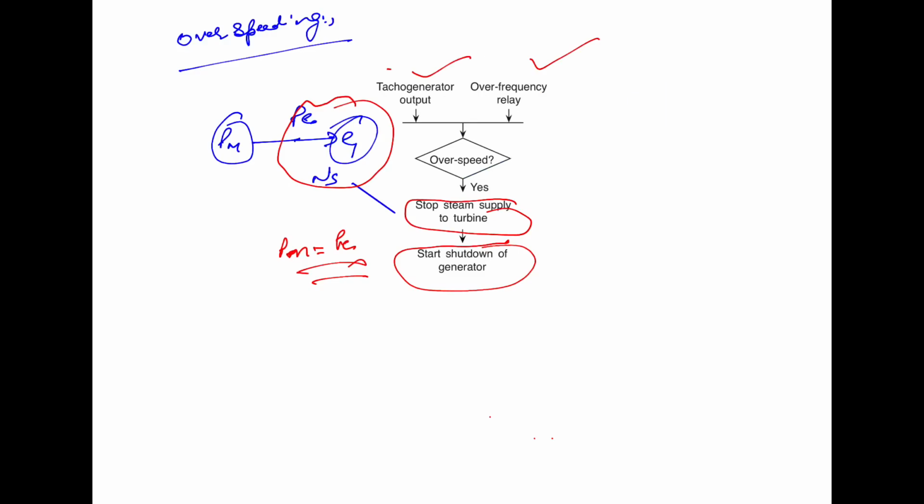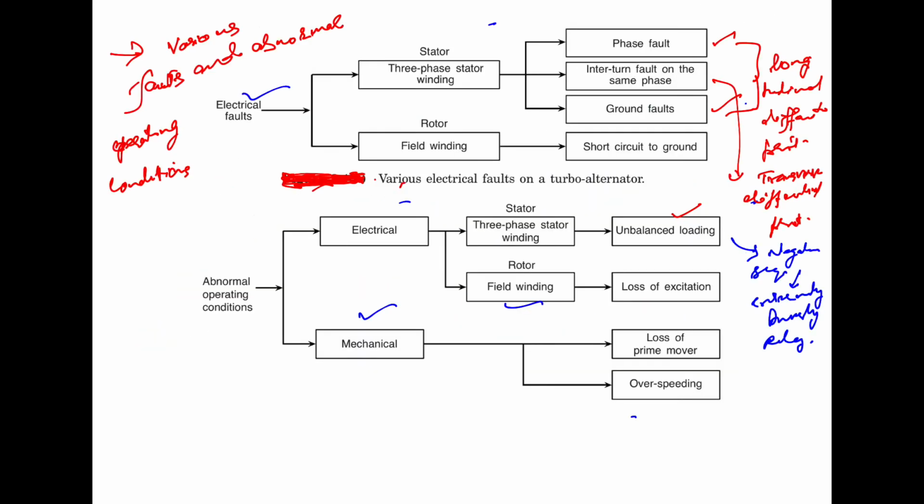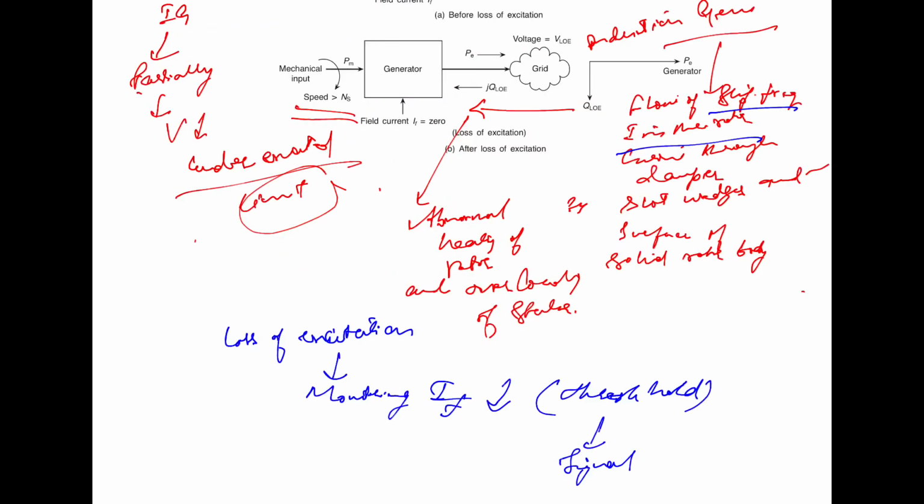Next is the overspeeding. For the overspeeding, we use the tacho generator mounted on this generator, or the over frequency relay. After that, we have discussed the loss of excitation.